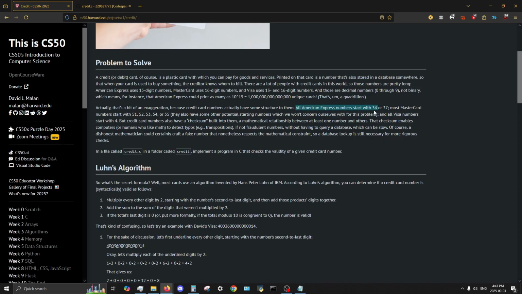Okay, American Express is the easiest one, so it's either going to be 34 or 37.